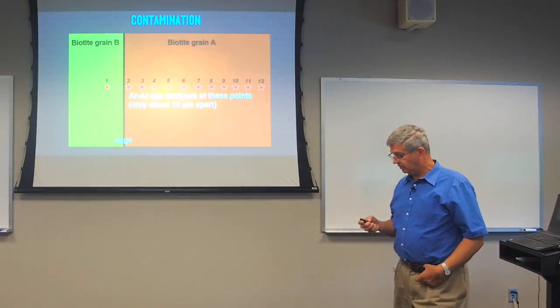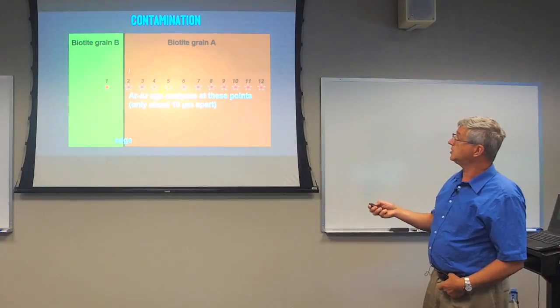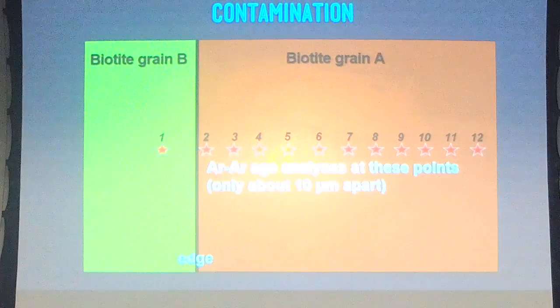Here's another example. We have two grains side by side. This line here is the edge between these grains. And these stars represent argon-argon analyses.